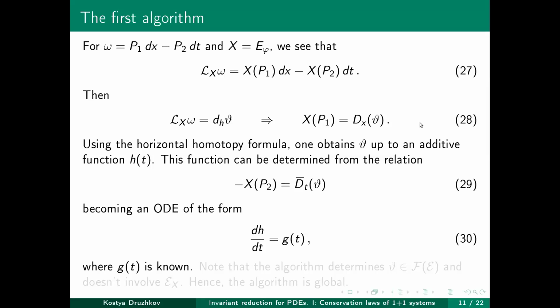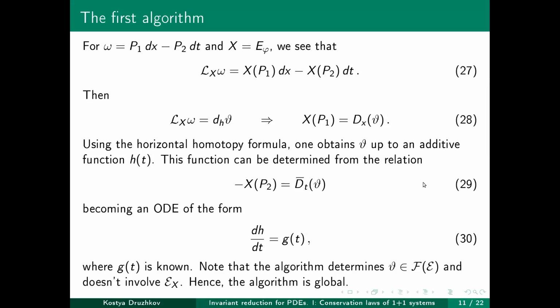So this is how the first algorithm works, and note that it determines the function theta, and everything here happens on epsilon, not on epsilon x. So epsilon x is not involved in this calculation at all. Hence, the algorithm can be considered global. It doesn't matter whether we have some problems with epsilon x.